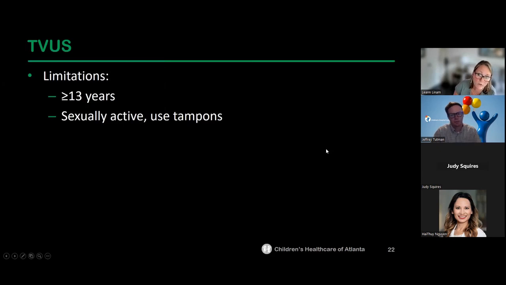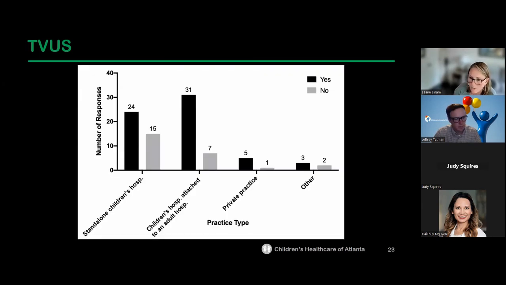We could do transvaginal ultrasound. This has limitations in that we really can't use it in prepubertal patients. And a lot of places, you want the patients to be sexually active, or at least tampon users. And we actually did a study that we presented, my friend Judy Squires and I, at SPR.